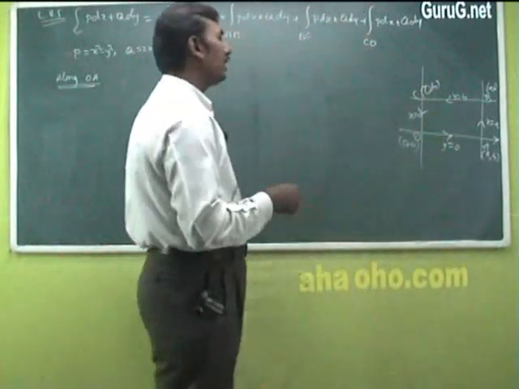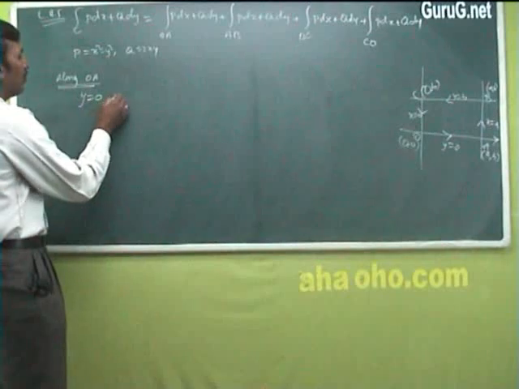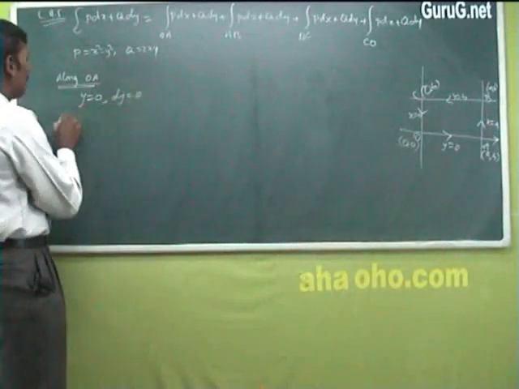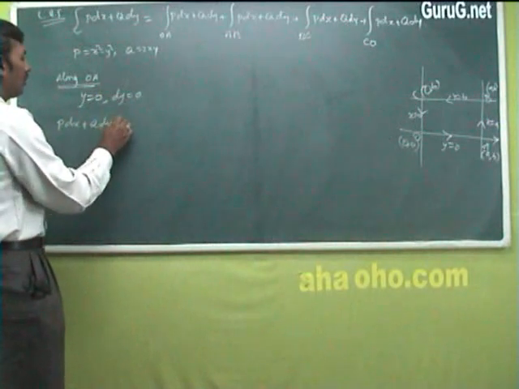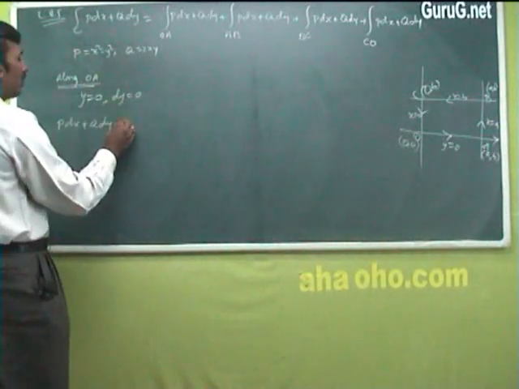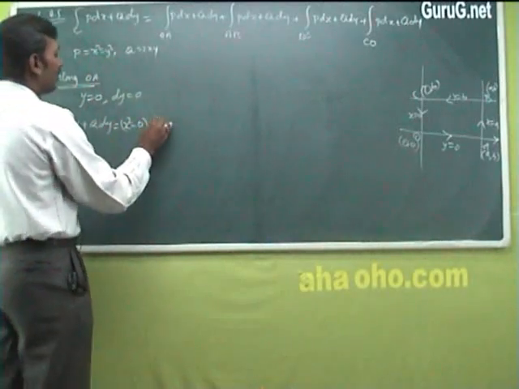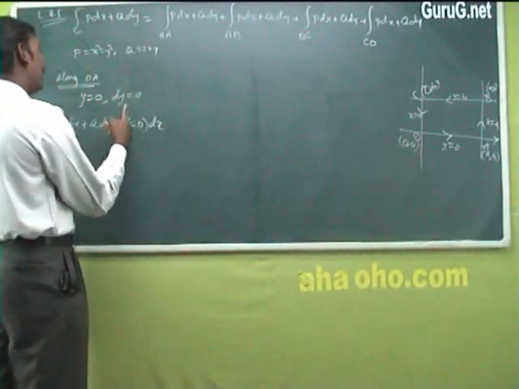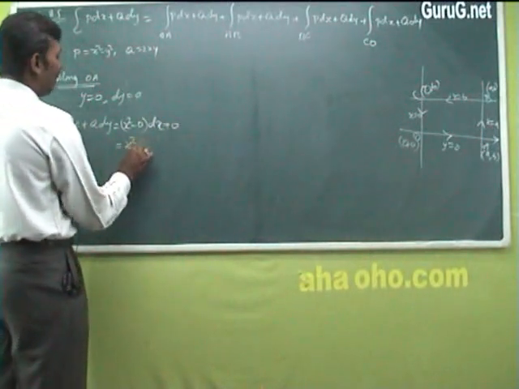So along OA we have y equal to 0, right? So y equal to 0 implies dy equal to 0. So p dx plus q dy equals x squared minus 0 into dx, then dy is 0, so obviously this is 0. So x squared dx.